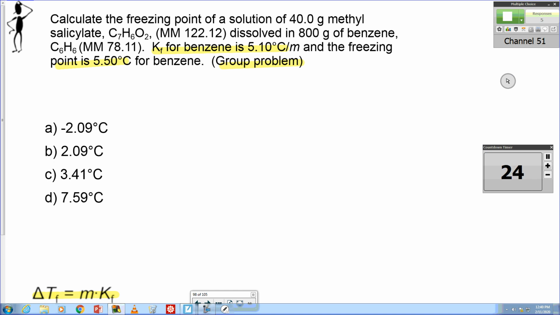So you know initially it's 5.5. It's a depression, so it's going to be going down. I think it's C. Okay, 10 seconds. Put an answer in.